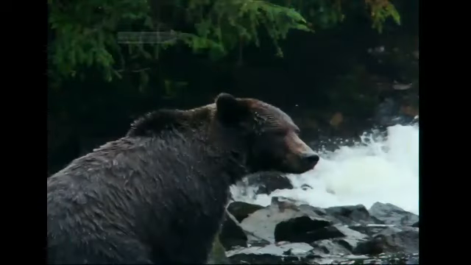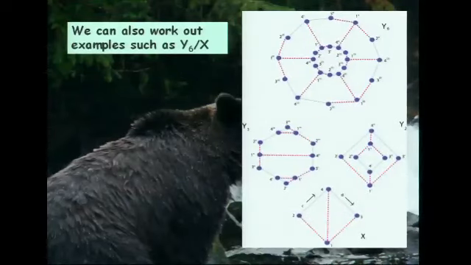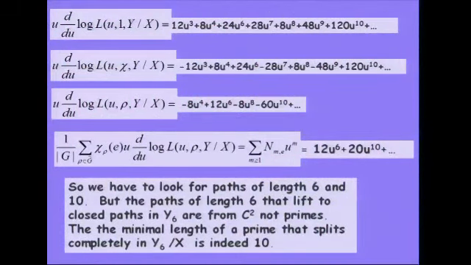I think I won't show you this picture. You can actually work out this example in more detail and talk about why it's 10 by computing the logarithmic derivatives of all the L functions, adding them up, and seeing that you get only terms with u^6 and u^10.